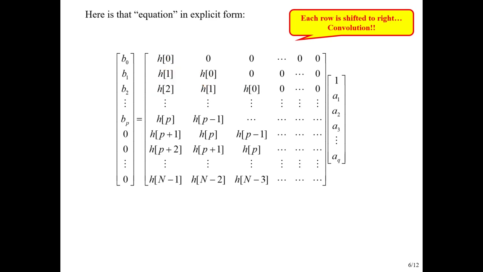So look, this is a flipped version of H marching to the right by right shifts. That's exactly what happens in convolution, right? Remember, discrete time convolution, you flip one and multiply it by the other one, and keep moving it forward to the right. Each click gives you a new output.